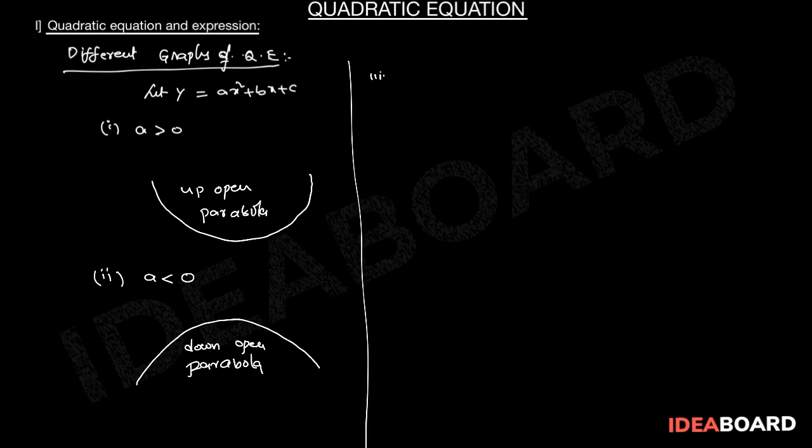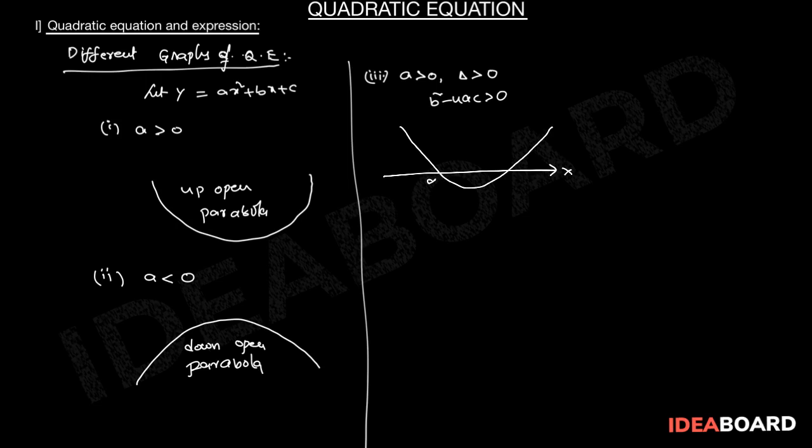If a is greater than 0 and delta is greater than 0, here delta means the discriminant b square minus 4ac, then the given curve meets the x-axis, that is the real number line, at 2 points.